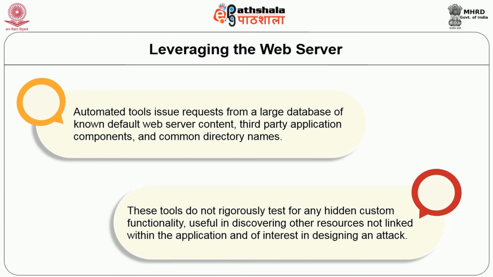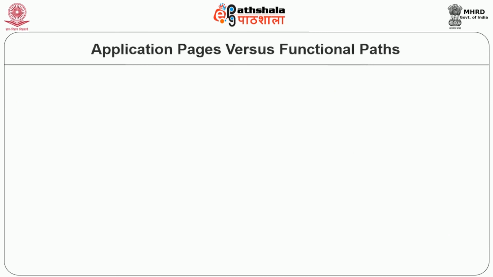These automated tools do not rigorously test for any hidden custom functionality. They are useful in discovering other resources that are not linked within the application and that may be of interest in formulating an attack.